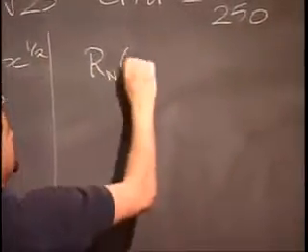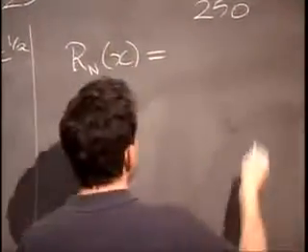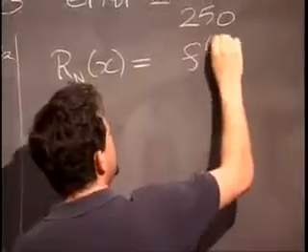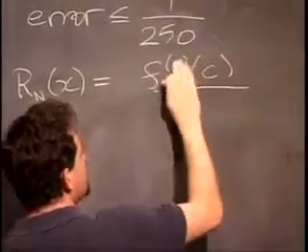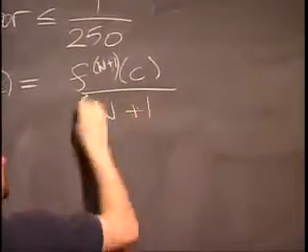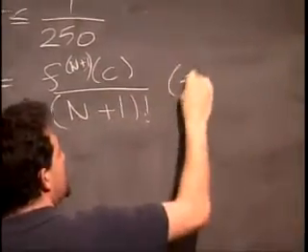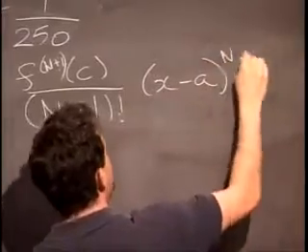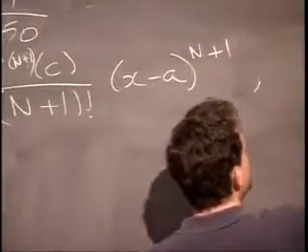R_n of x, in general, is equal to the n plus 1th derivative at c, over n plus 1 factorial, times x minus a to the n plus 1, and you must write c between x and a.